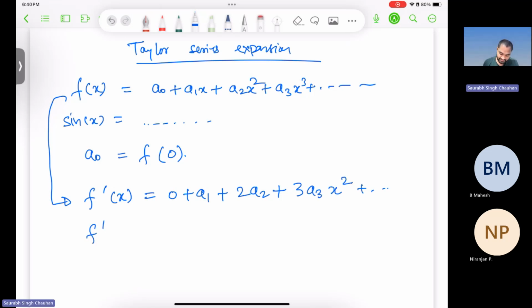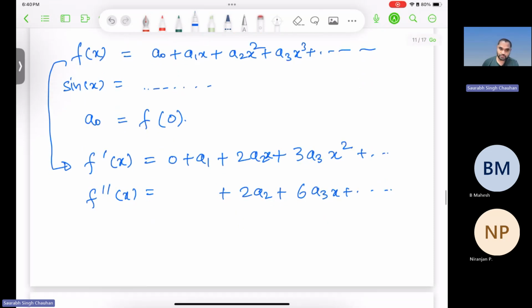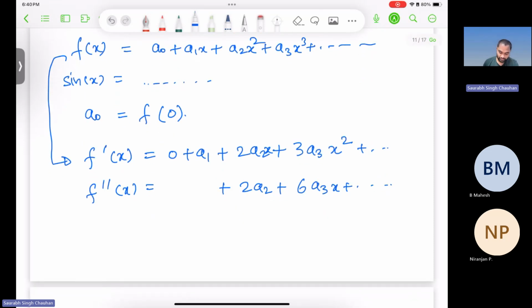And if you differentiate once more, it will be 2a2 plus 6a3x and so on. So like this, you can find the value of any coefficient.